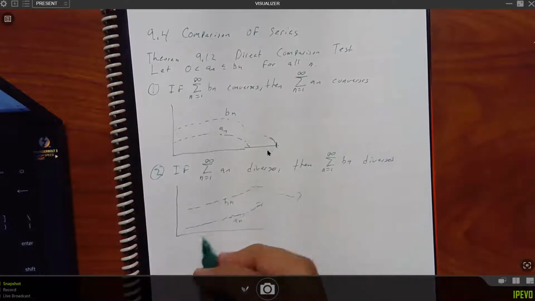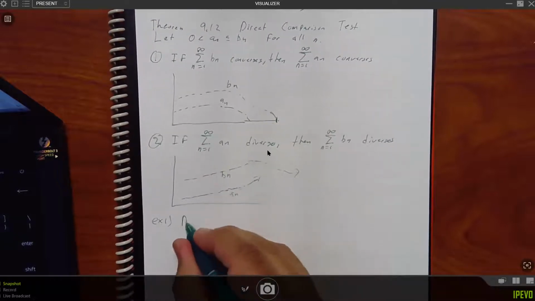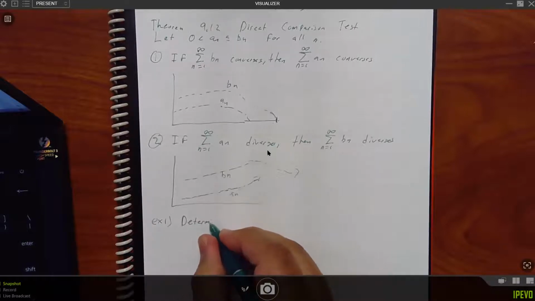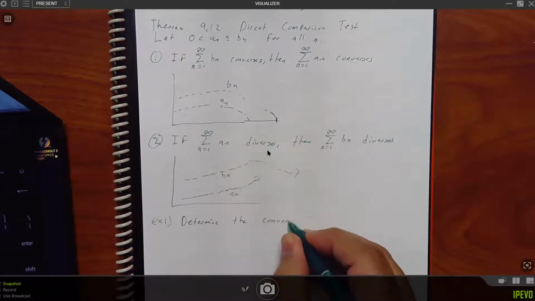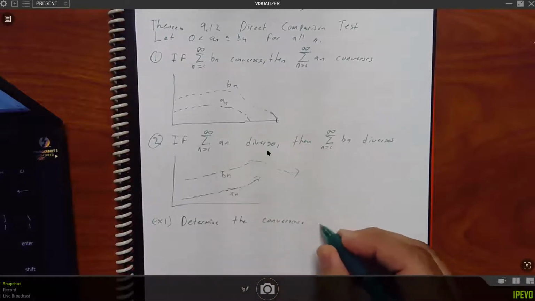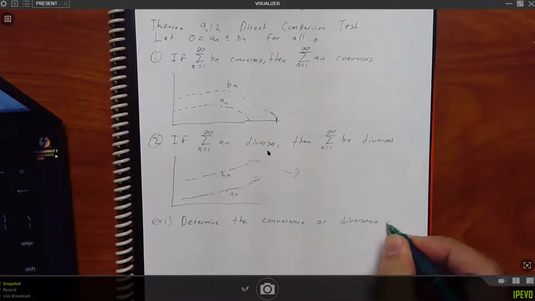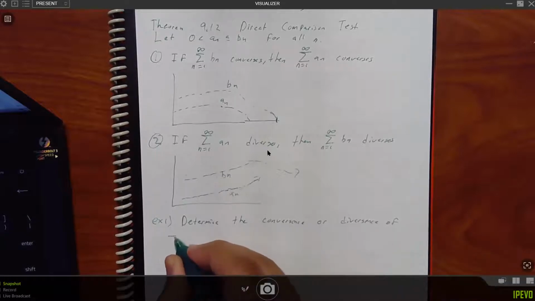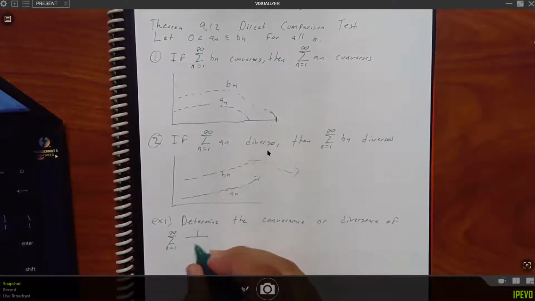So, first example. Determine the convergence or divergence of this series: one over 2 plus 3 to the n.